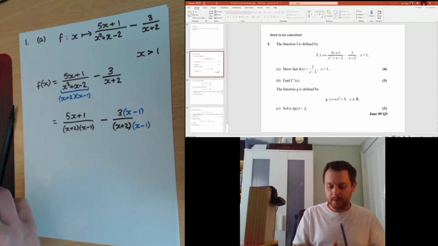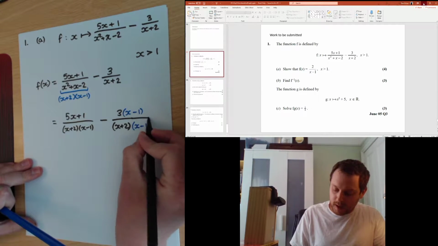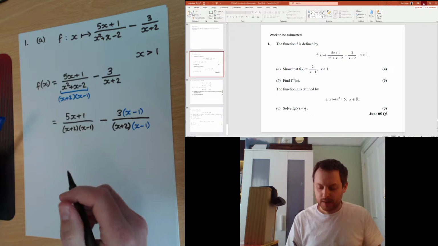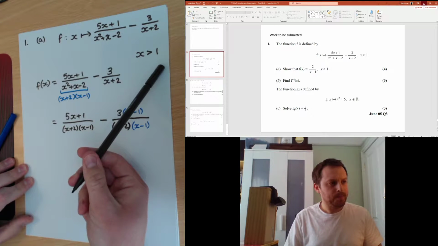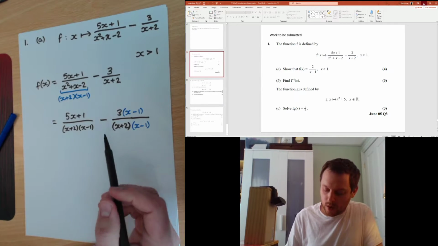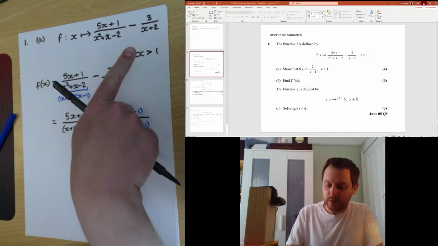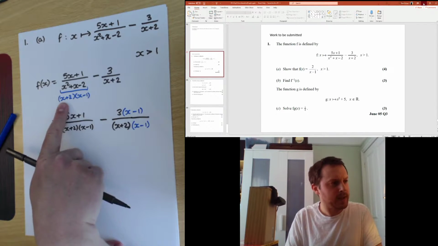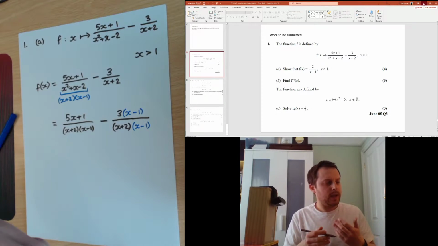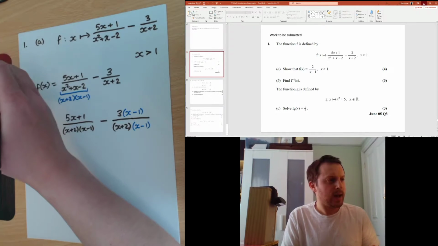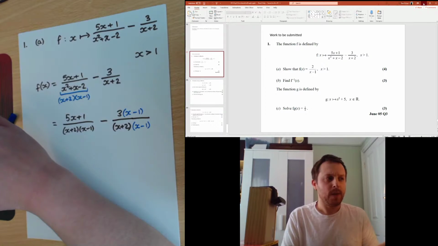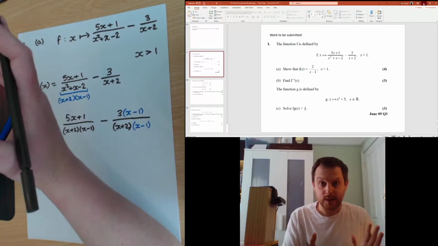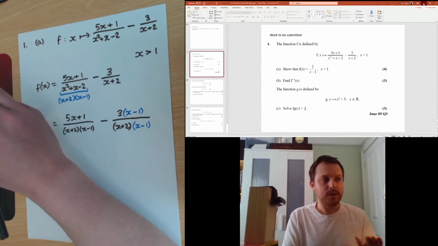And it's at this point that it's important to remember why it was relevant that x is greater than 1. x being greater than 1 means the x plus 2 that also appears here is always greater than 3. So in particular, it's never 0, which means I'm not dividing by 0.